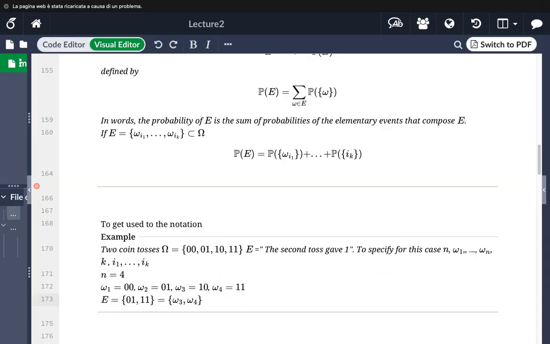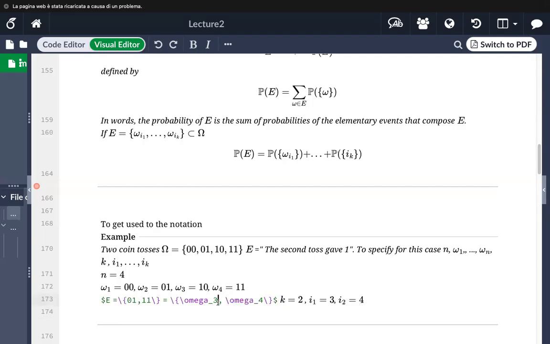So in this case, k is equal to 2, i1 is equal to 3, and i2 is equal to 4. Just a sec. Omega 3 is 1,0, and it does mean that the second gives 0. So maybe omega 2 then. Thank you, you're right. Then i1 is equal to 2.